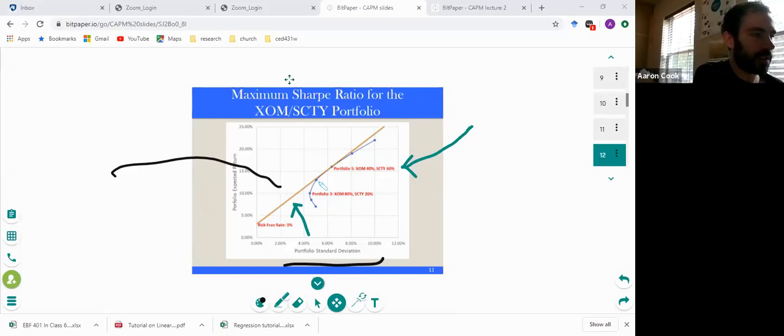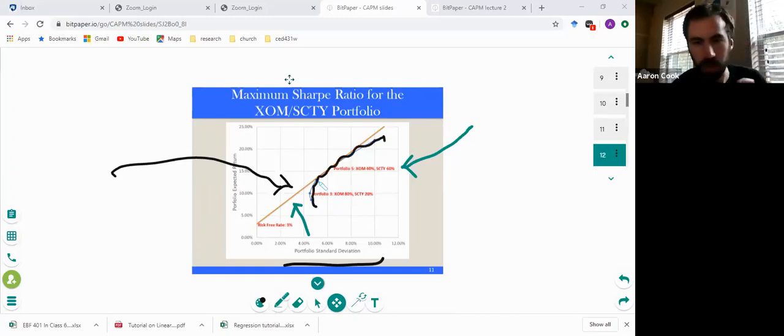Just as with that Sharpe line, any combination of risk and return along that yellow line was feasible, and anything along that line is unambiguously better. Any portfolio along this yellow line unambiguously dominates any other risk and return profile on that blue frontier, with anything along the yellow line being either higher return for the same level of risk, or lower risk for the same level of return.